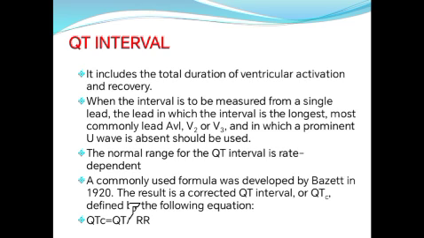We have an equation for that, the QTc. The corrected QT interval is the QT interval divided by the square root of the heart rate. This is the corrected QT interval.